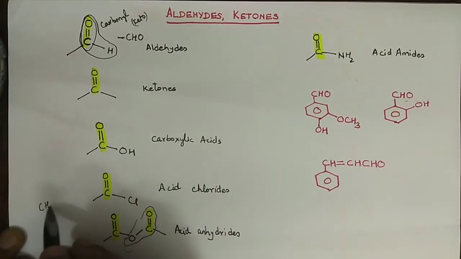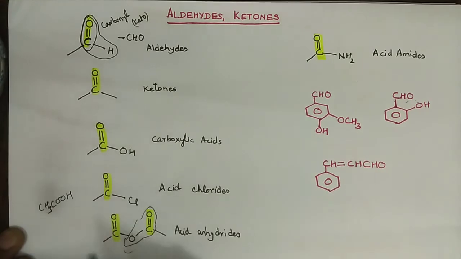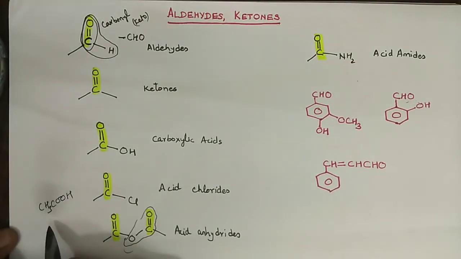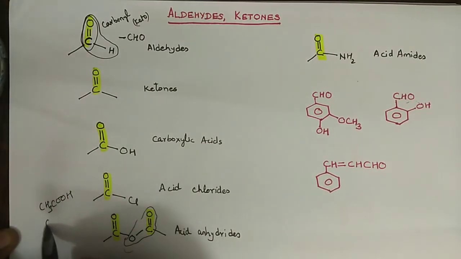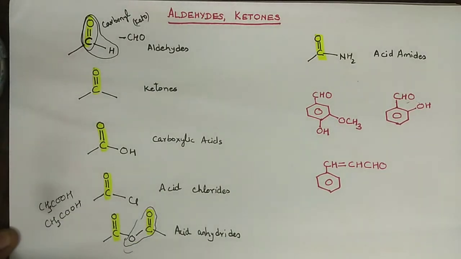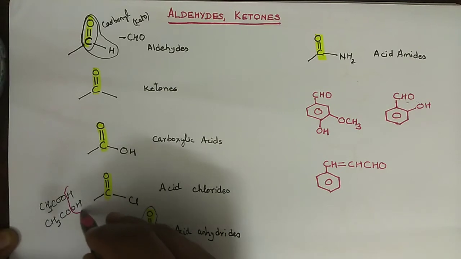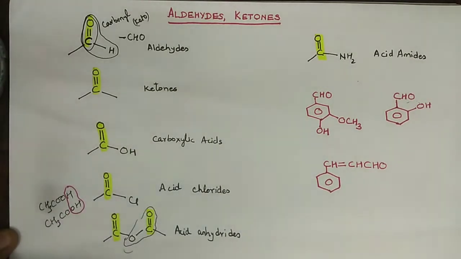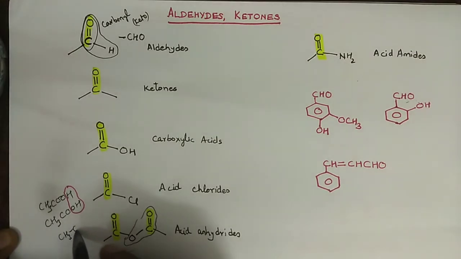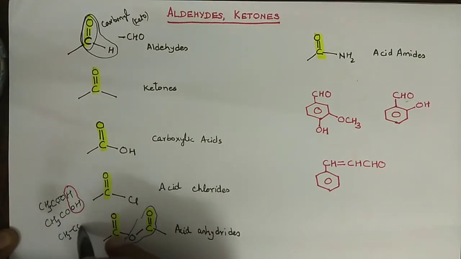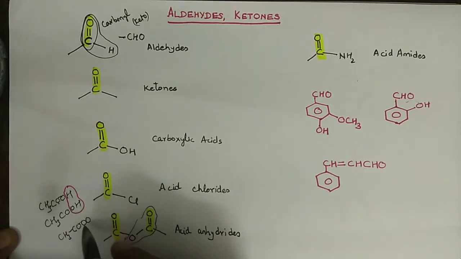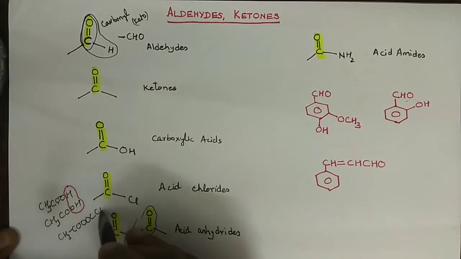For example, we have this acid, which you can call acetic acid, and if I write this molecule twice and remove water from it, then you are left with this compound, CH3COOCOCH3.